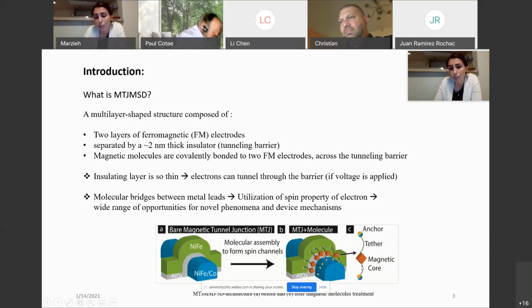This combination of molecules can make connections between these two electrodes, and the current would flow through these molecular bridges. With this method, we can utilize the spin property of the electron, which would lead to a wide range of novel phenomena and device mechanisms.